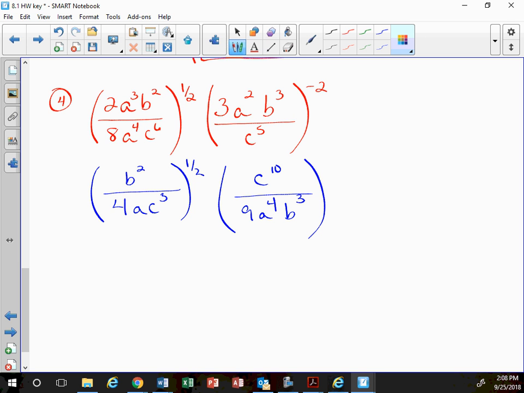All right. So the first one, I reduced everything before I did the square root. Okay. Second one, I flipped and squared everything. How about 6? I did the square root before I thought about it, getting ahead of myself. When I do the square root, I'm left with a b, square root of a, and then a c cubed.